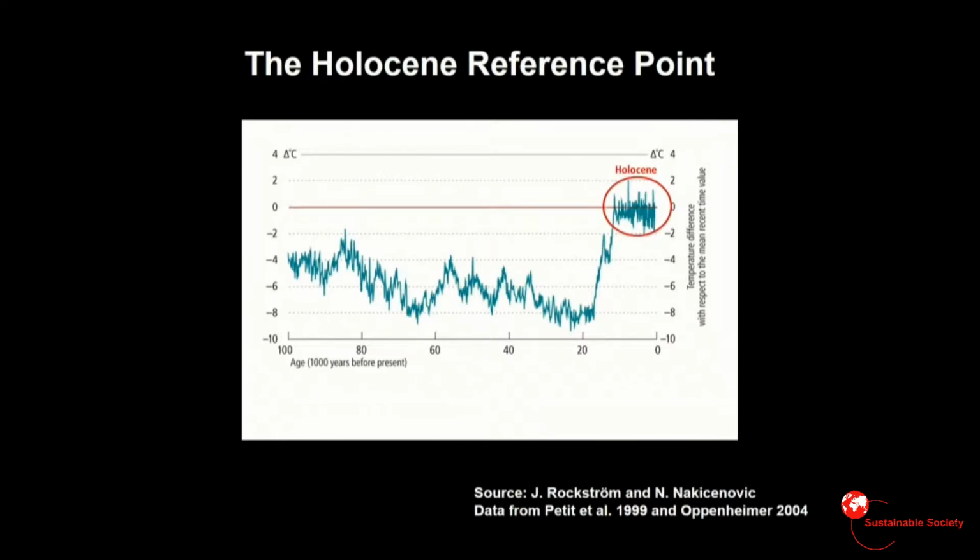This is really important for us humans because this is the period that has allowed us to develop agriculture, villages, cities, and so on. Our population has expanded, we've become wealthier, we're living longer, and so on. So it's a really, really important point in Earth history. But when Paul was listening to all the changes that are happening in the Holocene, he was saying we have left this nice, beautiful period of Earth history that has been so good for humans. So let's go to the next slide, please.